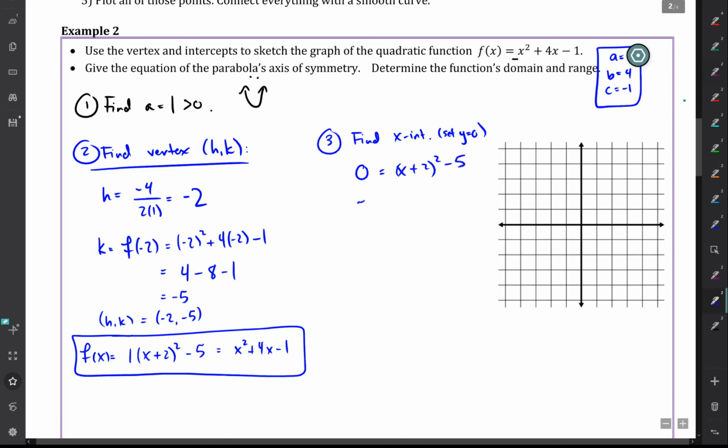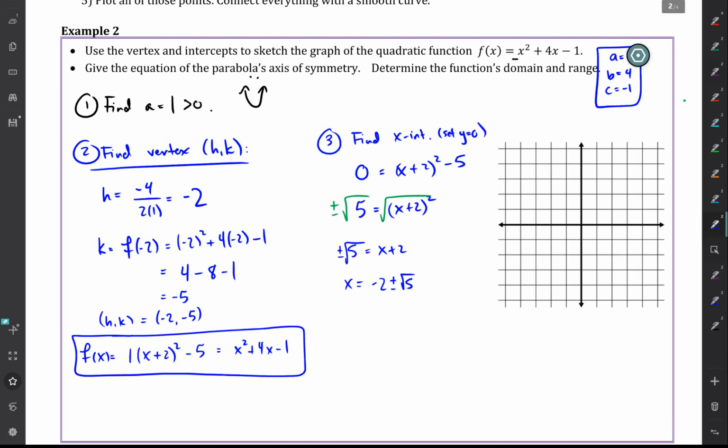So I add 5 to both sides, and I get (x plus 2) quantity squared equals 5, and now I'm going to take the square root of both sides, so I better have a plus or minus there. So that gives us plus or minus the square root of 5 equals x plus 2. So x is equal to negative 2 plus or minus the square root of 5.